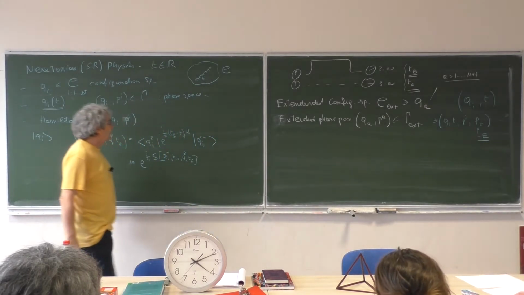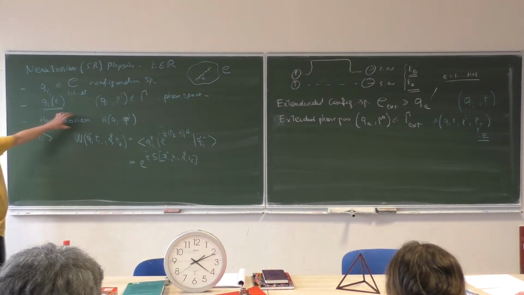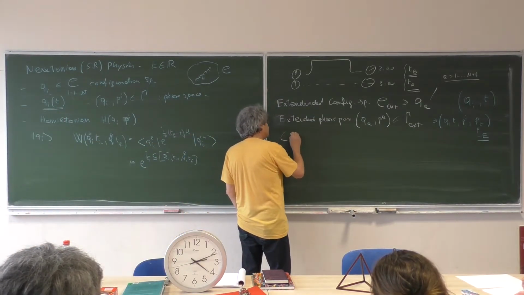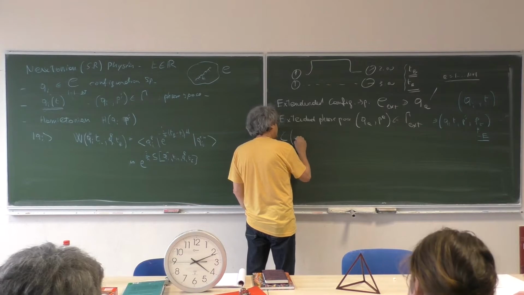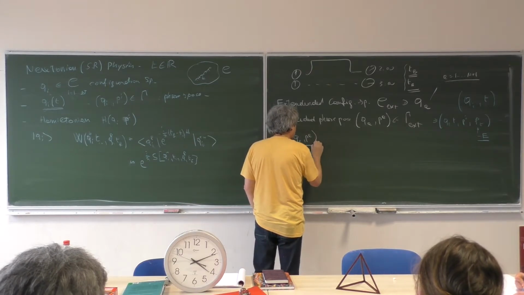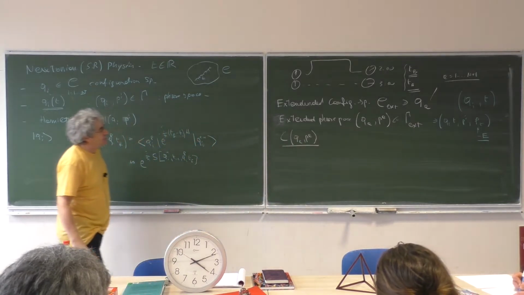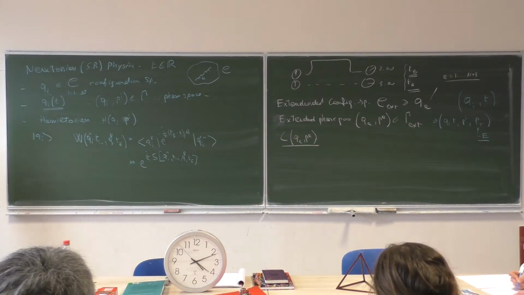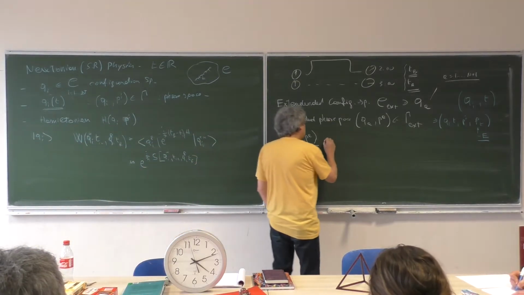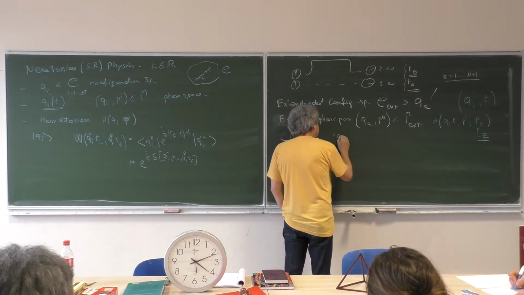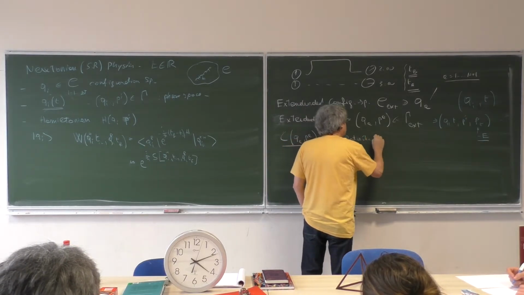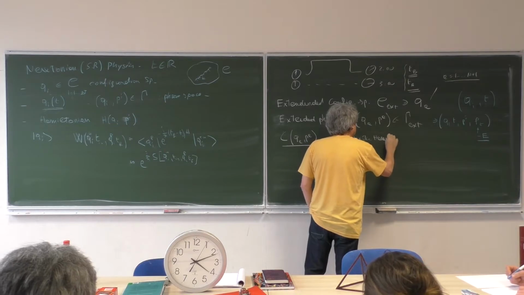Now, the dynamics in this language is not given by the Hamiltonian, but is given by a single function on the extended phase space, a function of QA, PA, which has many names. It's called the relativistic Hamiltonian by some people.